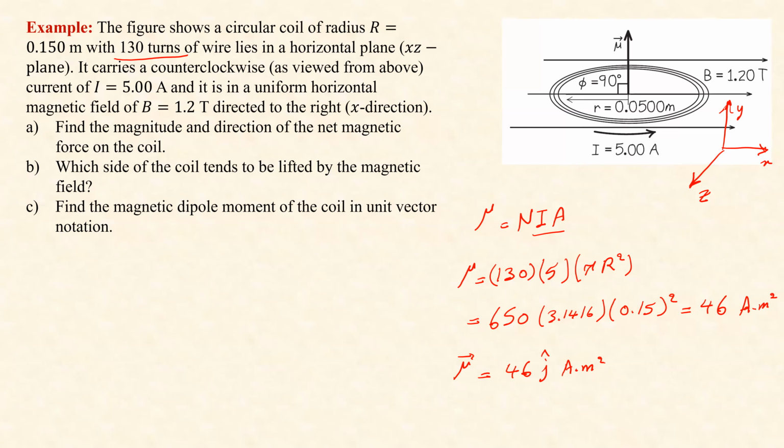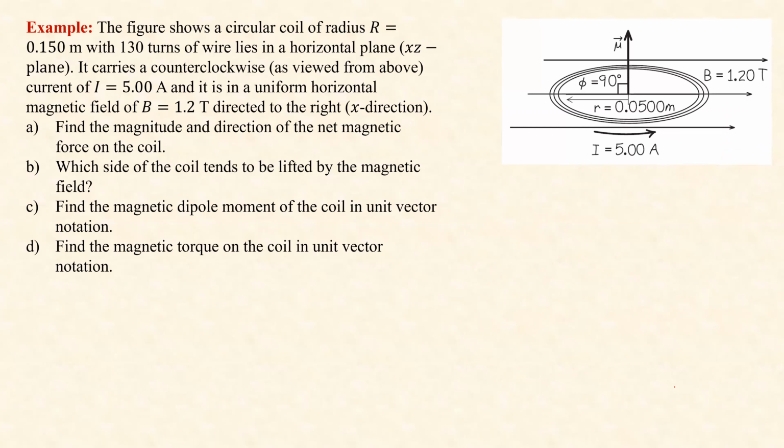Any questions? All right, now it says, find the magnetic torque on the coil in unit vector notation. So again, we found mu to be 46 J hat in SI units.